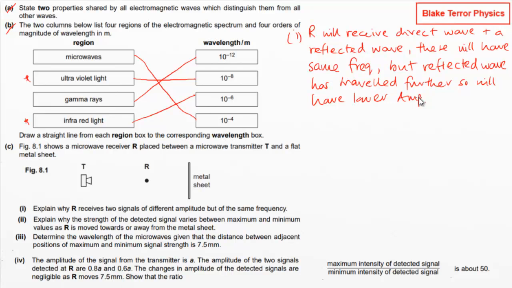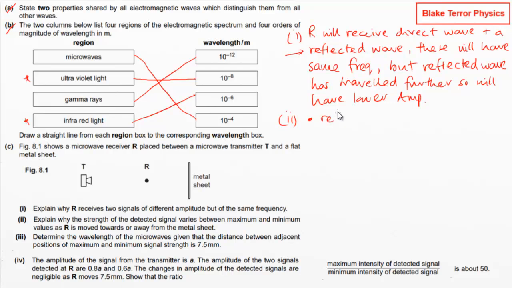Explain why the strength of the detected signal varies between maximum and minimum values as R is moved towards or away from the metal sheet. This is really the question of how we set up the standing wave, where it comes from. We'll go through the usual steps, though slightly fewer here because we've already mentioned the reflected wave.